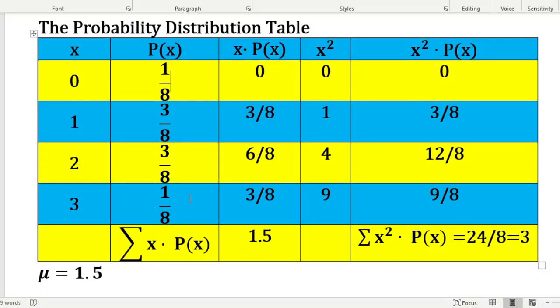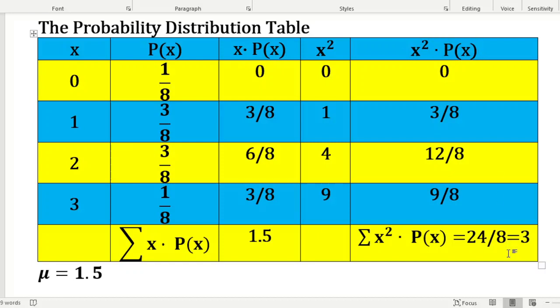We find the mean, which is the summation of the products of the possible value and its corresponding probability. We determine the summation of the products of the square of each possible value and its corresponding probability.